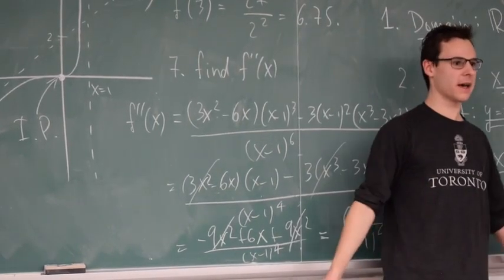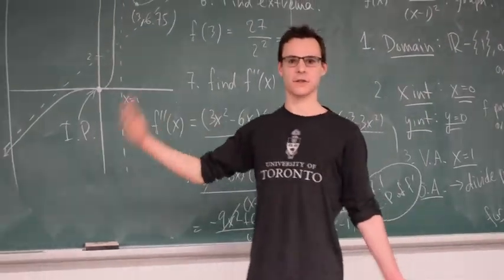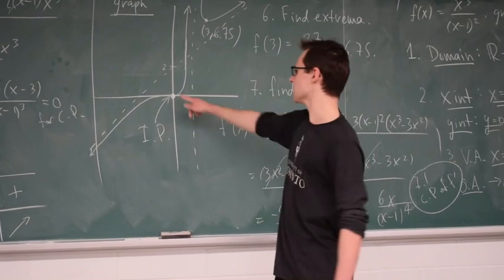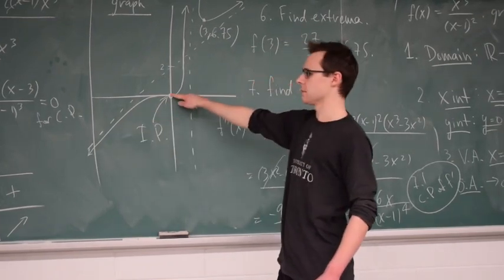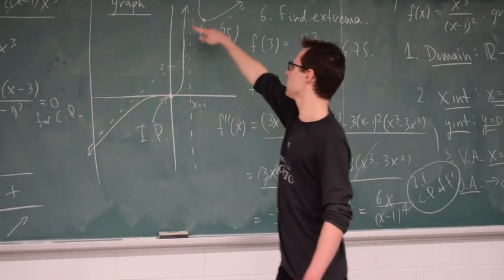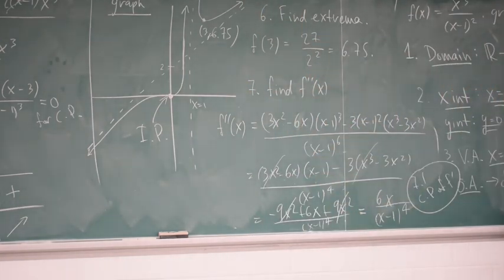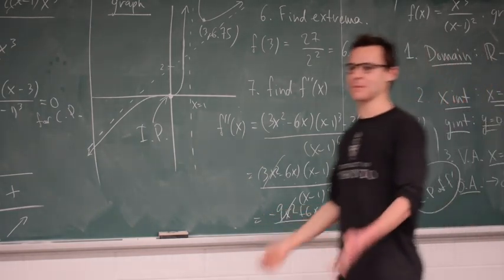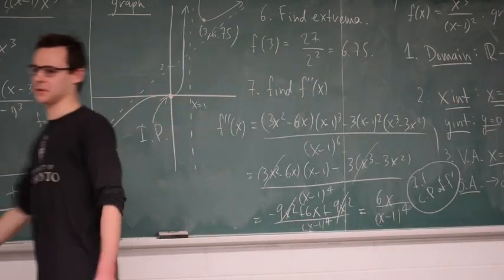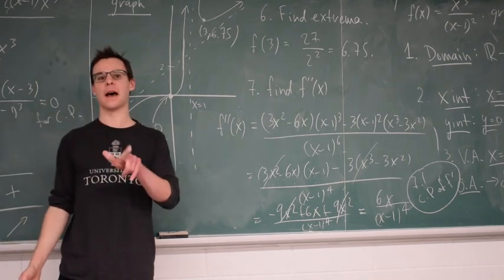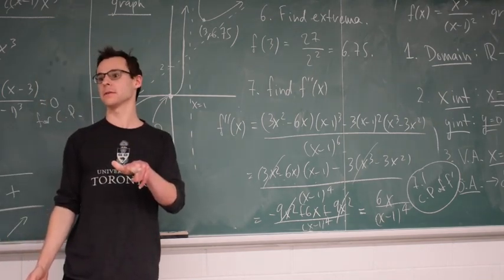And you see what the concavity is, the sign of f double prime, okay? In this case, you get negative second derivative, positive second derivative, positive second derivative, okay? That's step 7.2. Step 8 is the actual points of inflection. Remember that the second derivative could be 0, and you will not have a point of inflection, possibly.